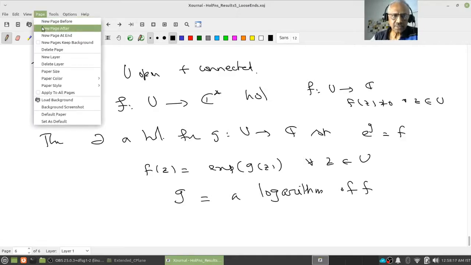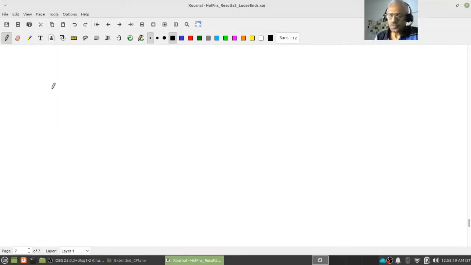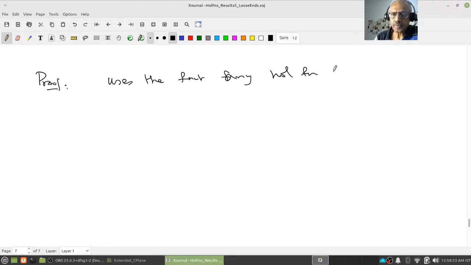Now let's go through the proof. The proof uses the fact that any holomorphic function is infinitely differentiable, and local primitive. On a star shaped domain, it has a primitive.